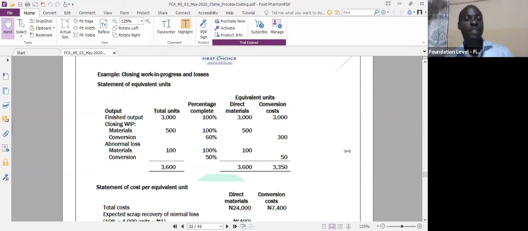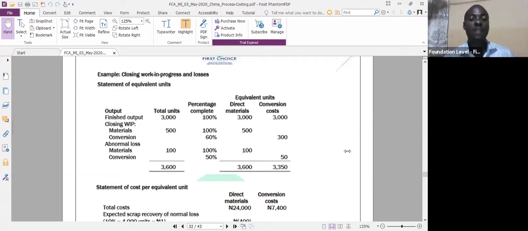How do we solve this? Okay, first of all, we have the statement of equivalent units. Start with the finished output. 3,000 is complete in material and labor. Now we go to closing work in progress. 500 units have been in work in progress, 100% complete in material, so it remains 500 in material.